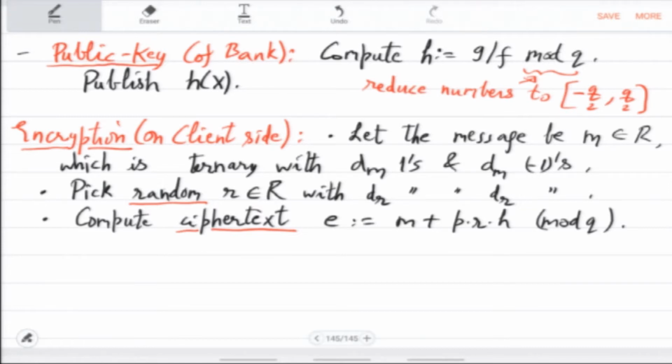Okay, so that's the string e, which will be sent to the bank. This is the ciphertext. Now, since an adversary will not know r, it seems fair to say that for an adversary, finding m from e does not look easy. So send it to the bank over an insecure channel.